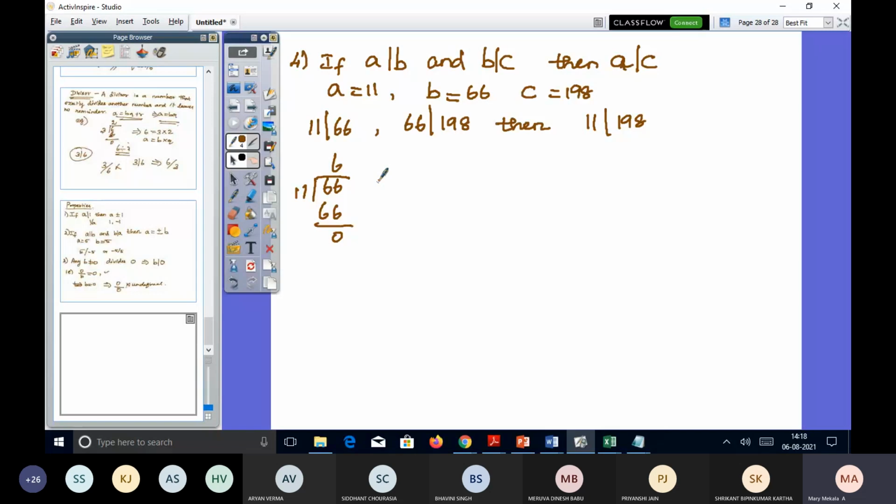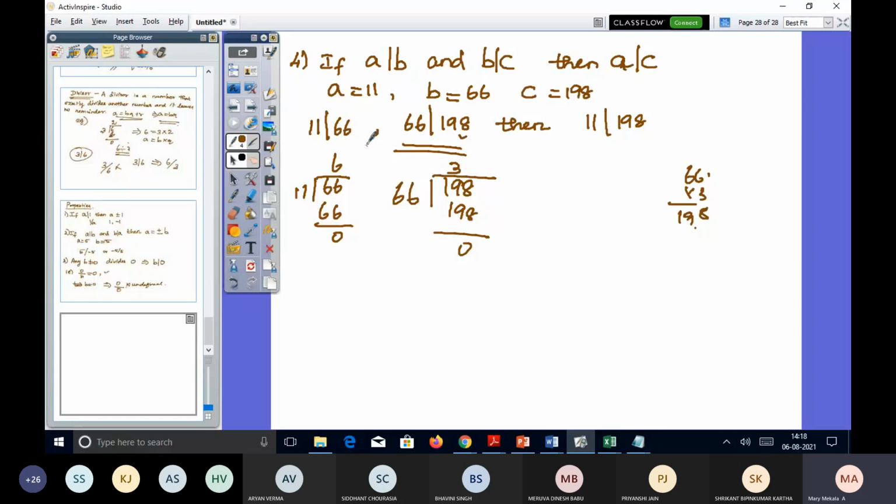And now for 198 and 66, how do you write it? 66 into 3. 3 sixes are 18, 3 nines are 27 plus 1 is 28, that is, 198. So you are getting the remainder as 0. So this also is satisfied.